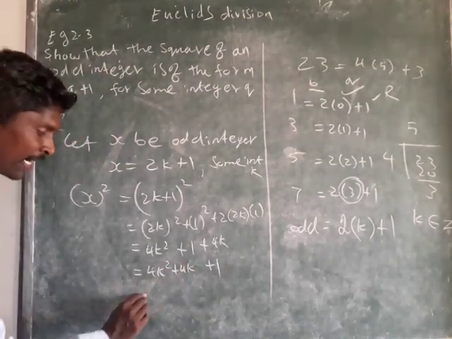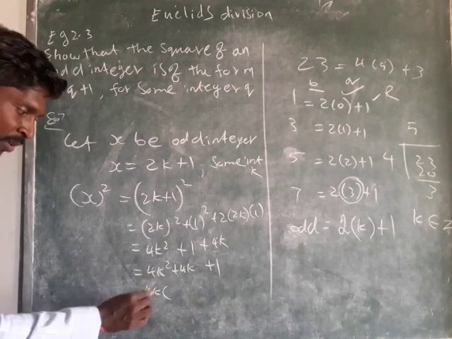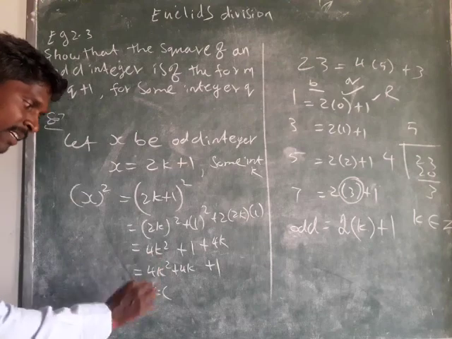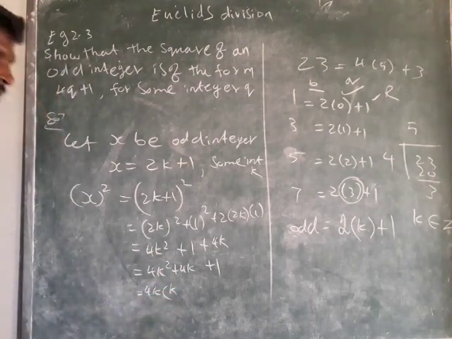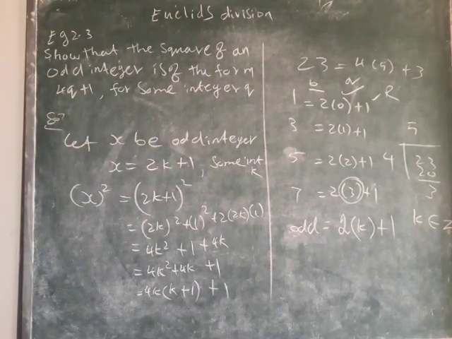In the two terms I take 4k as a common term. If I take 4 outside, from k squared take k, the remaining is k, and here 1 is remaining. Then plus 1.